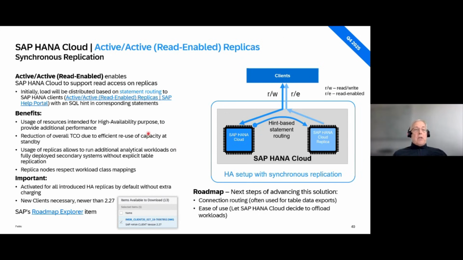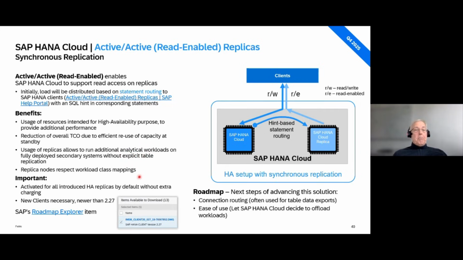So most of the benefits I already mentioned. Of course, we would like to use the additional hardware of the replica for additional performance. We want to reduce the TCO overall because you can make use of the replica. Usage allows an additional analytical workload.